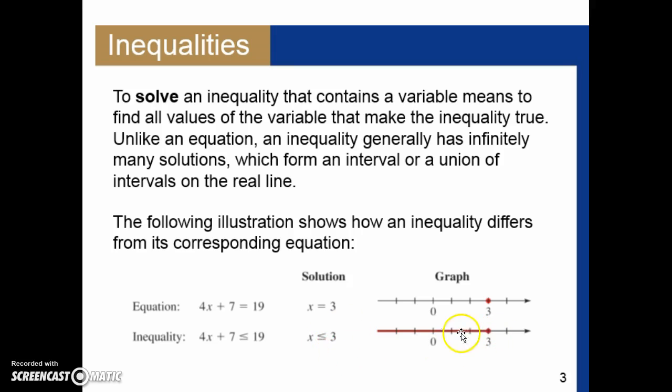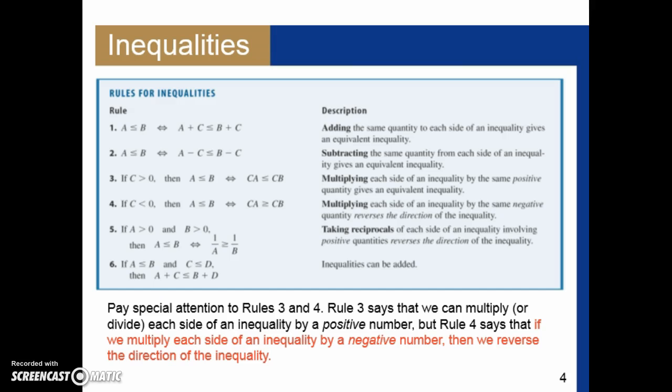So we're looking for a set of numbers that would satisfy this inequality if we plug any of those real number values in for our variable. So there's the difference between an equation and an inequality. We're going to get a whole set of solutions as opposed to just one or two solutions.